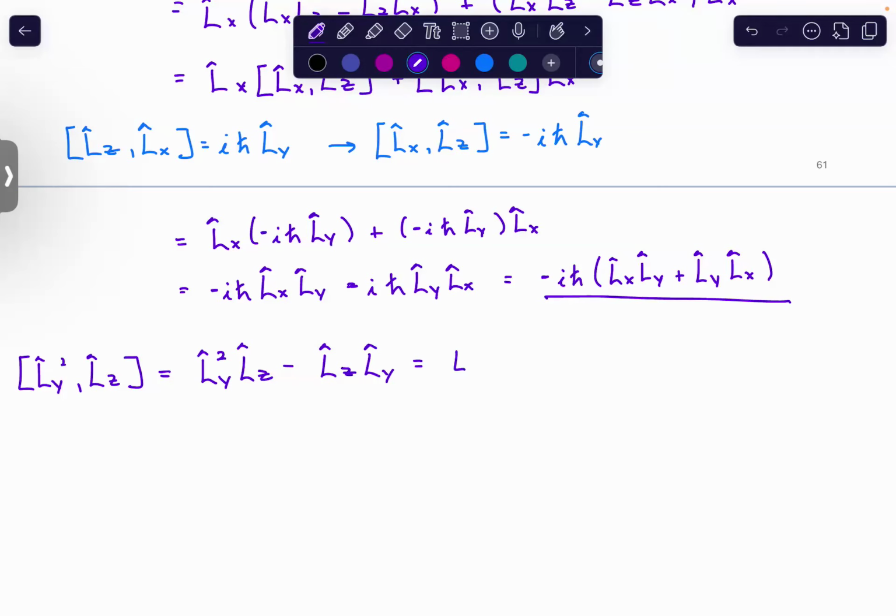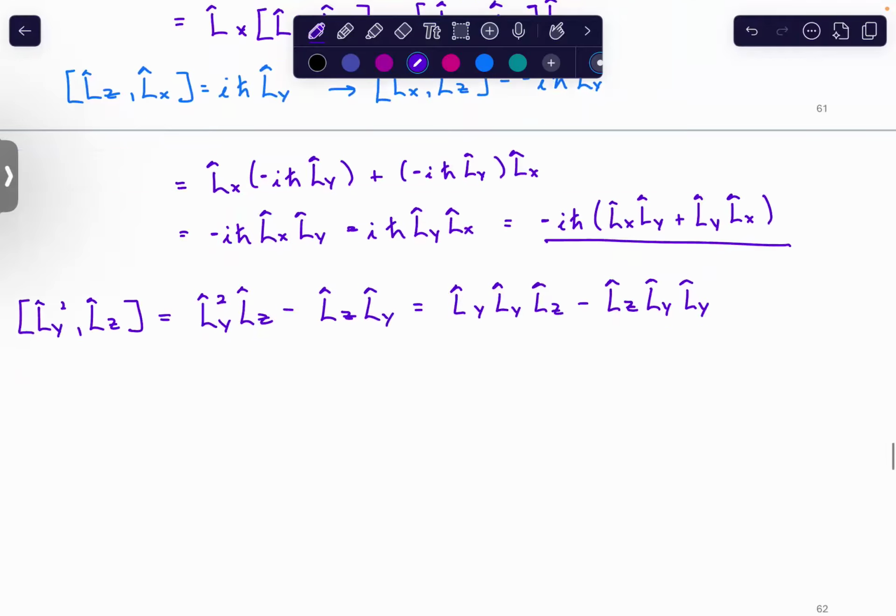Squared. Okay, so LY, LY, LZ. All right. Now, I'm gonna write the first term.